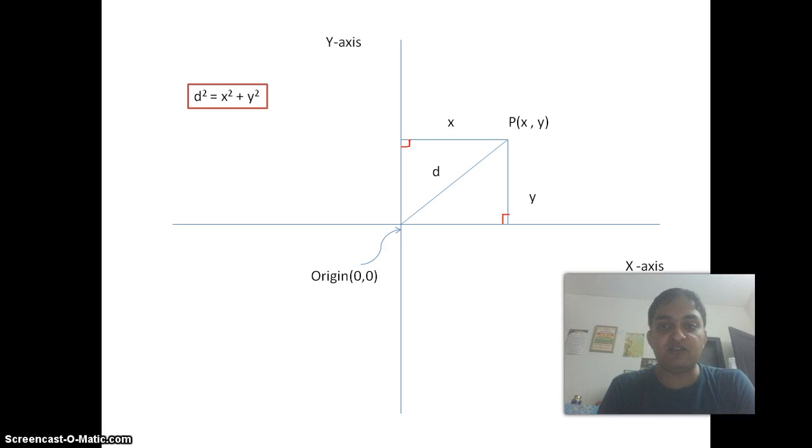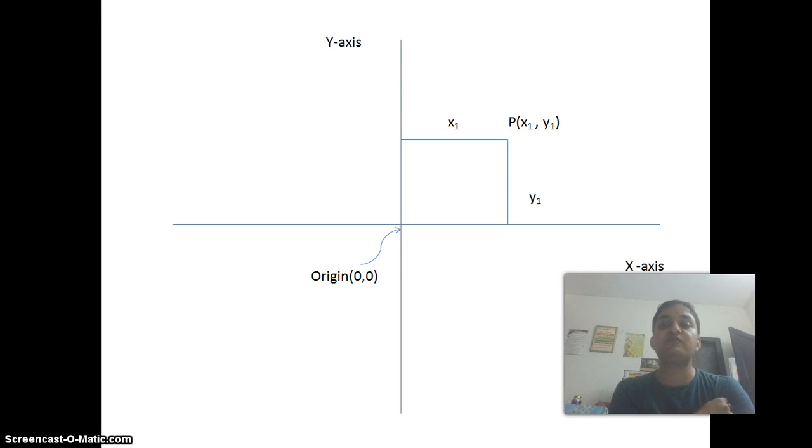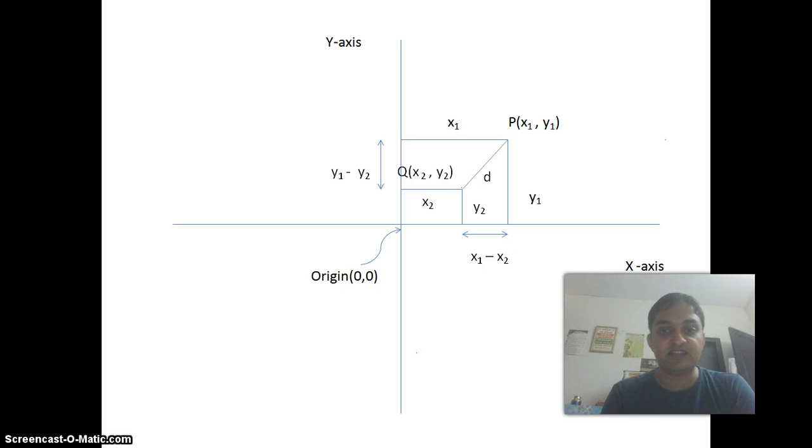Now let us see how we compute the distance between 2 points. So moving forward from the previous slide, we have point P x1, y1, where what x1 and y1 mean is clearly denoted in this slide. Now let us introduce another point Q with coordinates x2, y2, where x2 and y2 are depicted clearly what they mean.